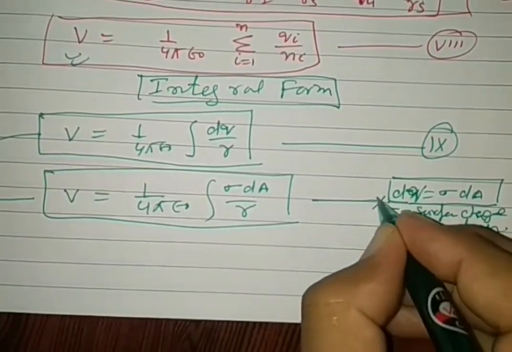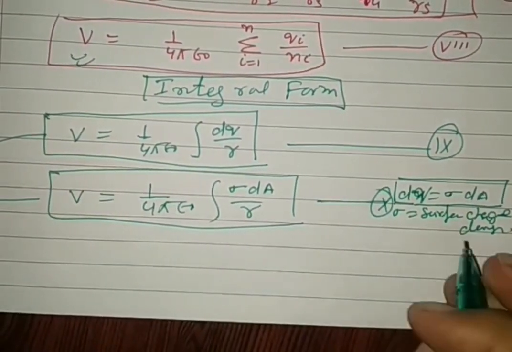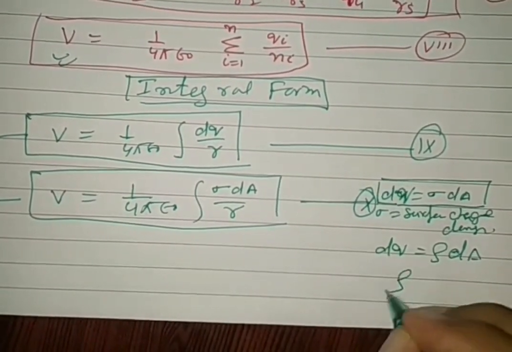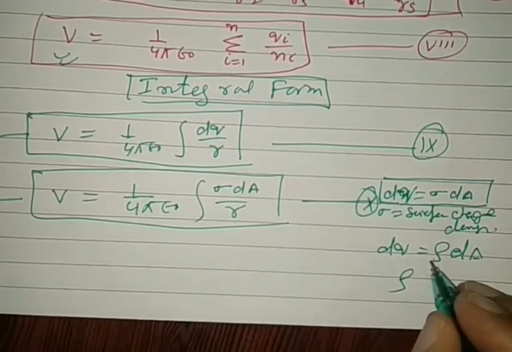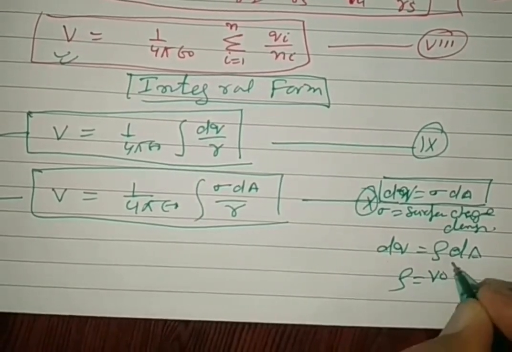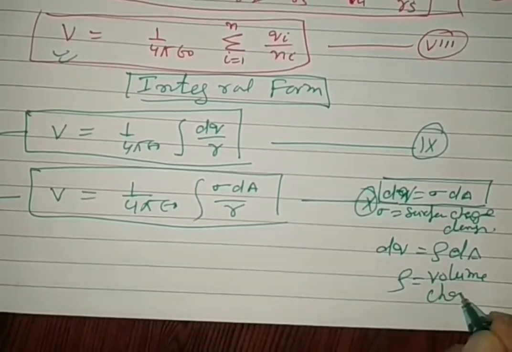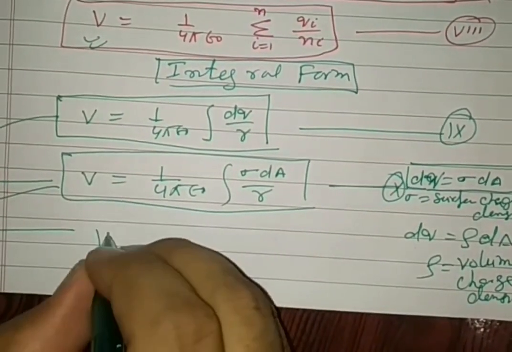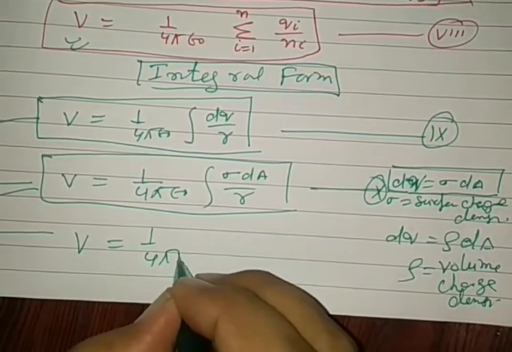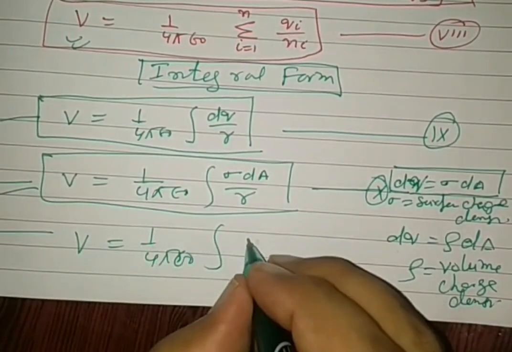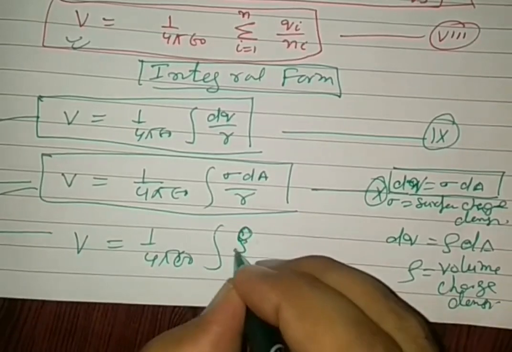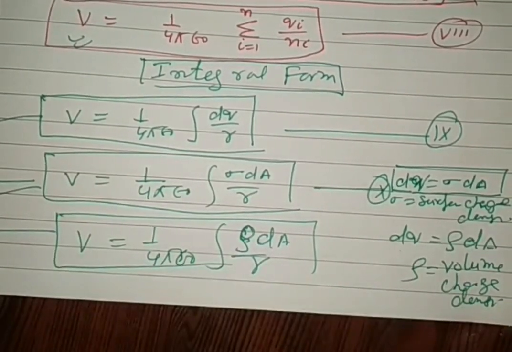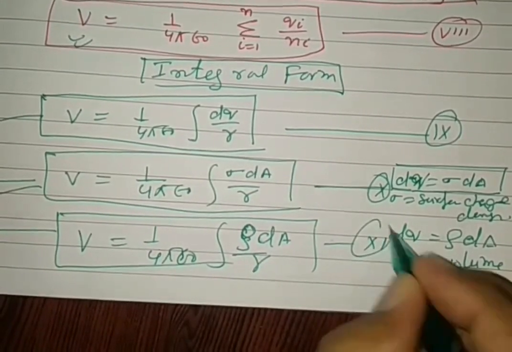This is equation 10. If the charge is distributed in the whole volume, then dq is represented as rho dV, where rho is the volume charge density. Then the electric potential formula can be written as 1 upon 4 pi epsilon 0 integral rho dV by r. This is equation number 11.